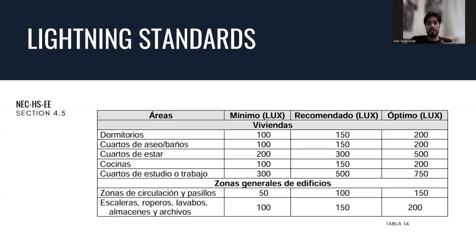For example, the optimum lux in an office or study room is based on the European code where they talk about offices for technical drawers. So we're using international codes, some like in our region.